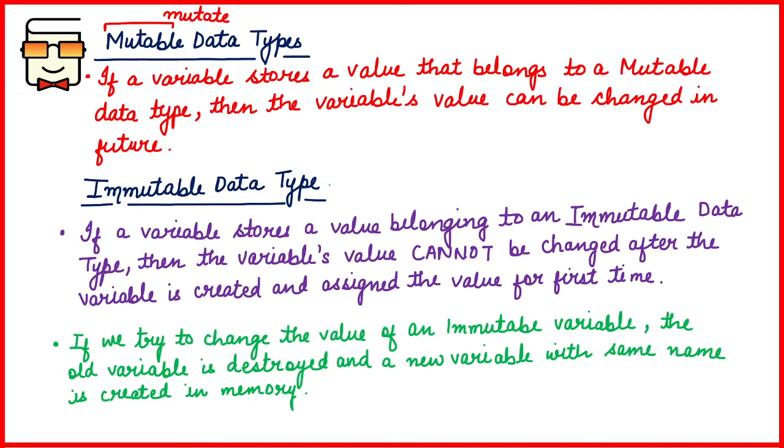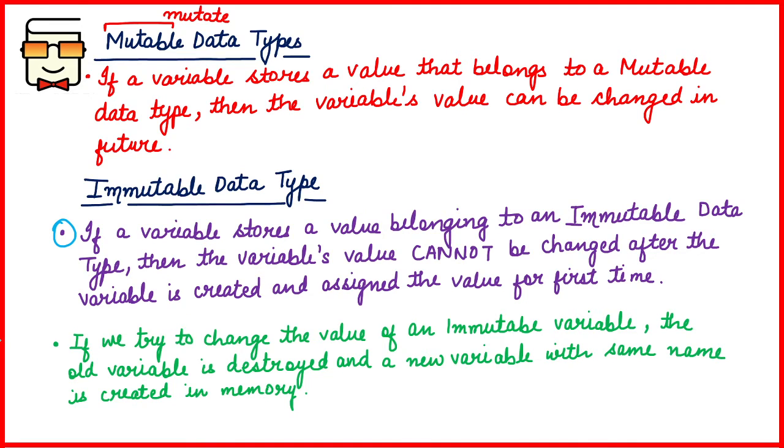So coming to the definitions, if a variable stores a value that belongs to an immutable data type, then the variable's value cannot be changed after the variable has been created for the first time and assigned the value.